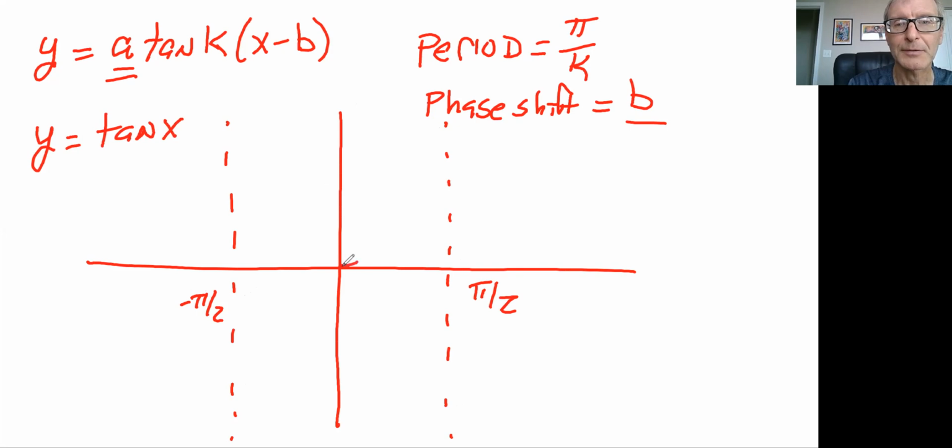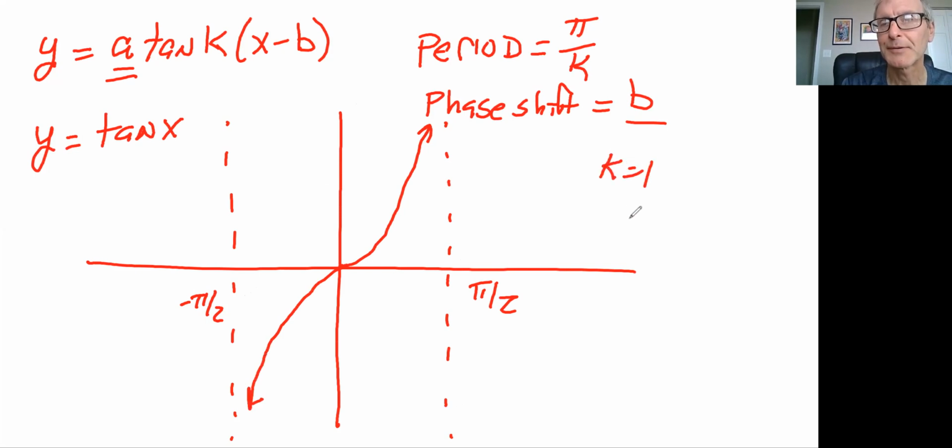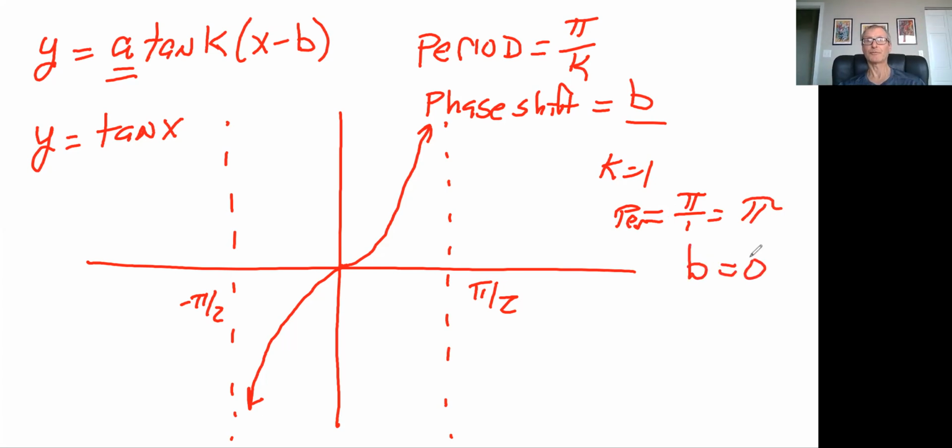And it look like that. So in this case, our k equals 1. So our period is pi divided by 1, which is pi. And what's our b? B equals 0, right? And so we have no phase shift in this case.